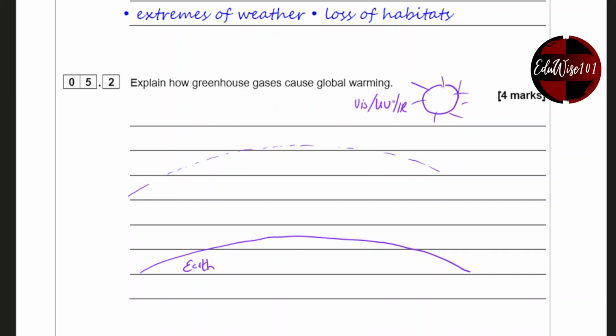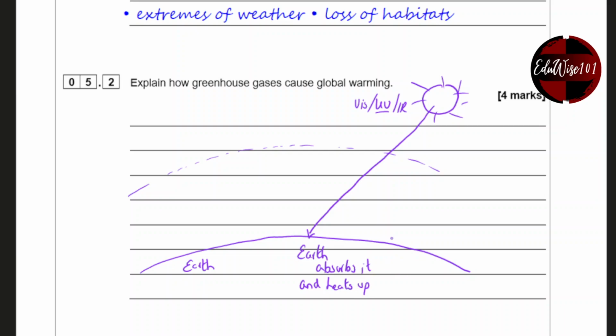Now, when these rays of light, mainly the UV light, ultraviolet light, reach the Earth, they pass through the atmosphere. And when they hit the Earth, the Earth absorbs it and heats up.